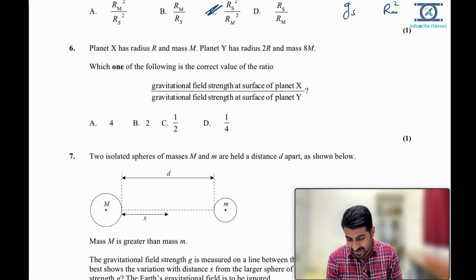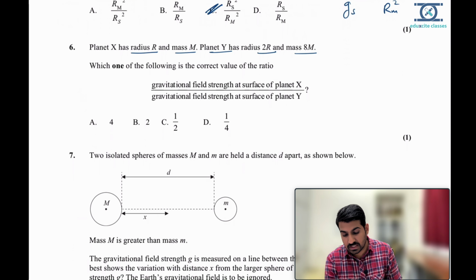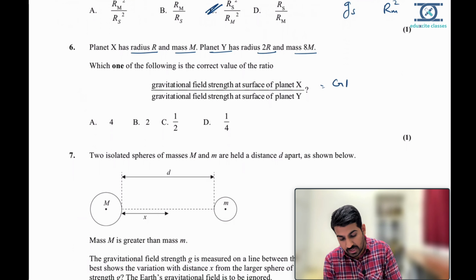Okay, now question number 6. A planet X has a radius r and a mass m, and a planet Y has a radius 2r and mass 8m. Which of the following is the correct value of the ratio of gravitational field strengths? Now again this will be G mx upon rx square divided by G my upon ry square.